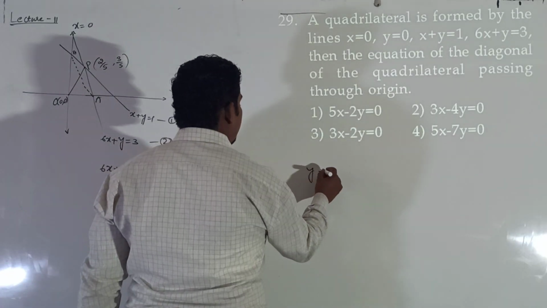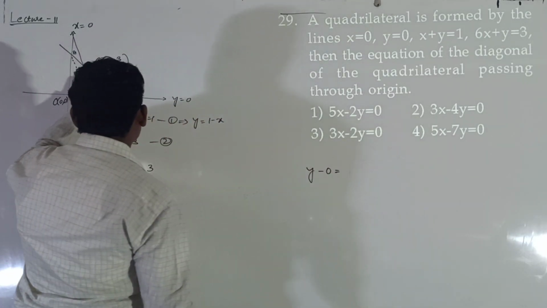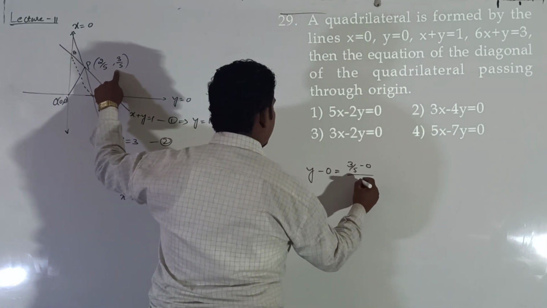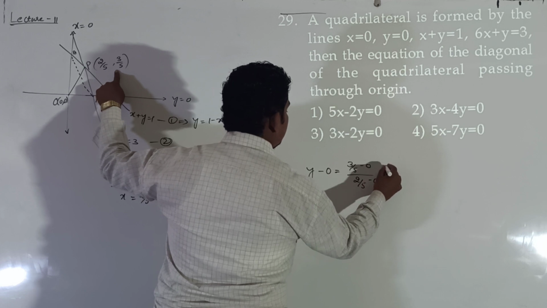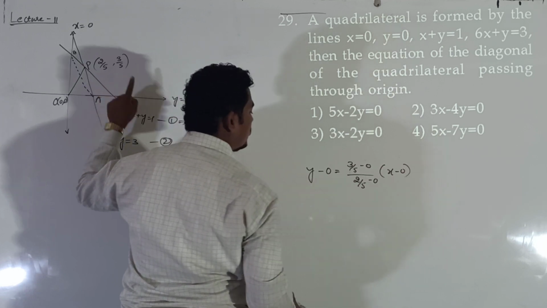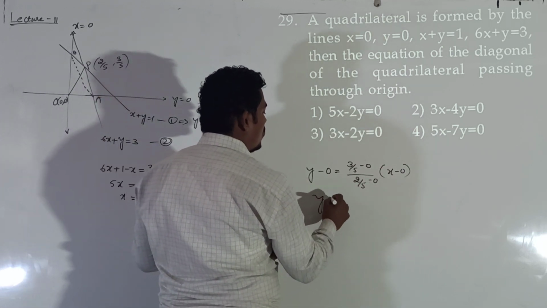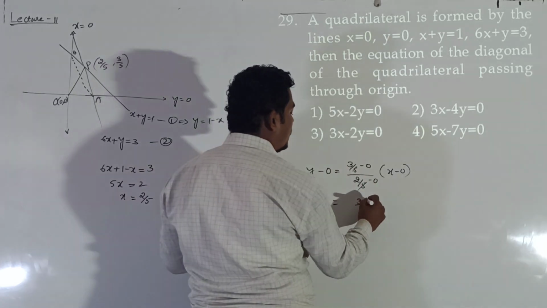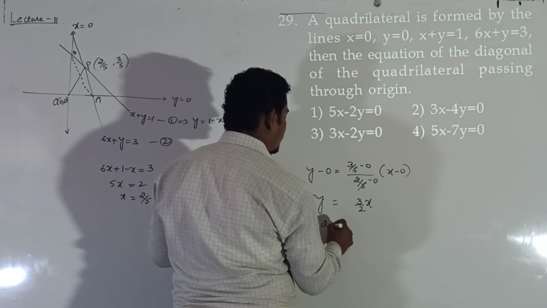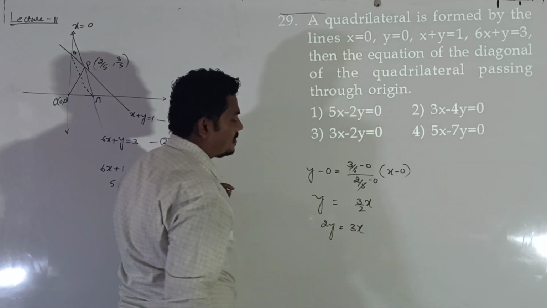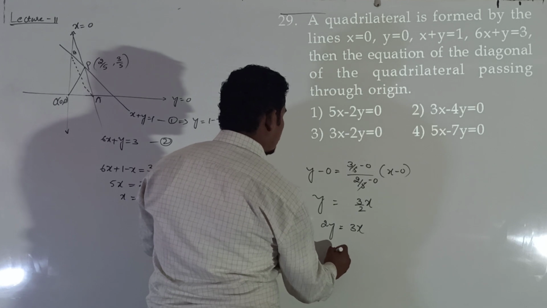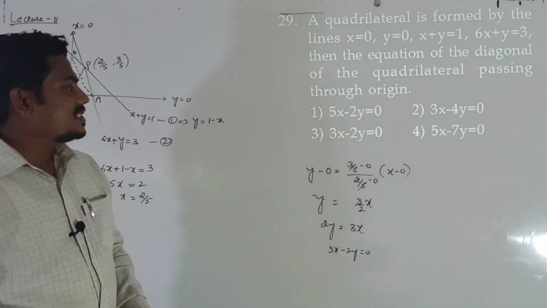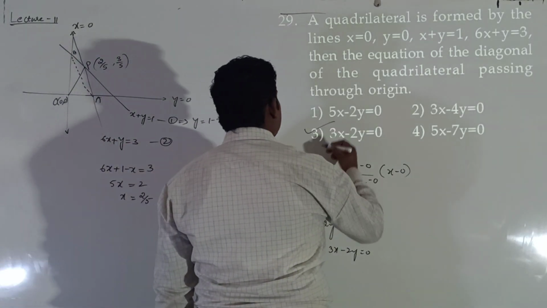That is, y minus y1 is equal to y2 minus y1, that is 3 by 5 minus 0, divided by 2 by 5 minus 0, into x minus x1. Then y is equal to 3 divided by 2, this 5 gets cancelled, into x. Just cross multiplication, 2y is equal to 3x, or 3x minus 2y is equal to 0.